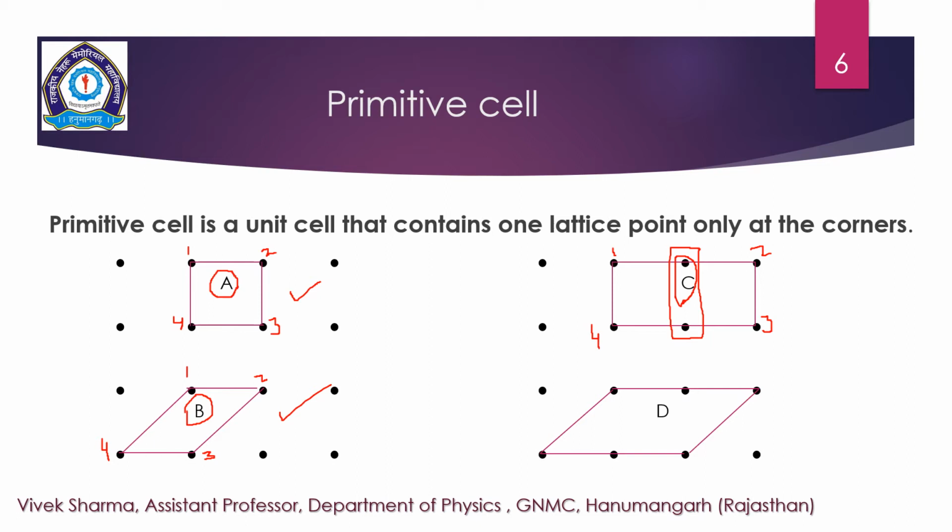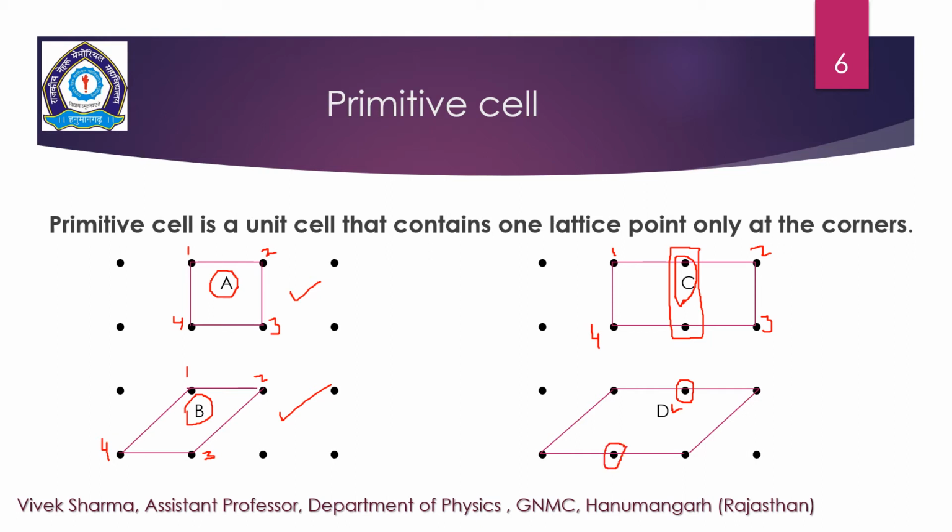So structure C is a unit cell, but it is not a primitive cell, because the lattice points are not at the corners only. Similarly, like D, two atoms, or two lattice points, are there which are not at the corners.